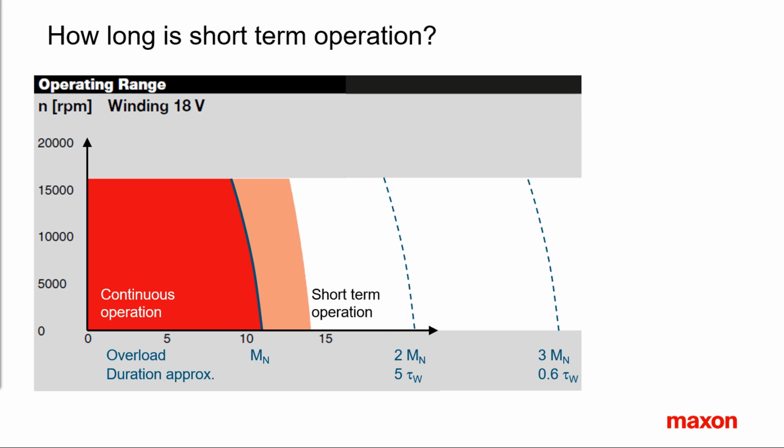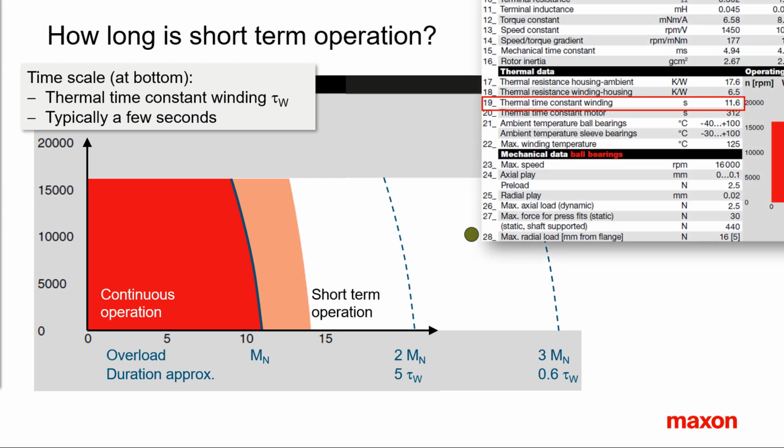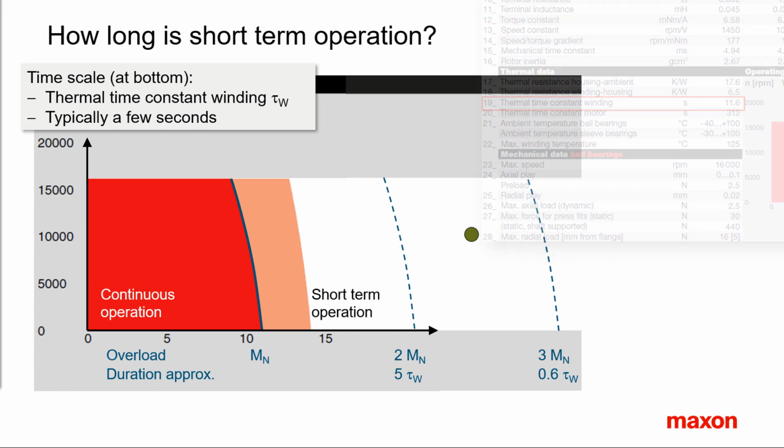Essentially, the limitation comes from the winding temperature, more precisely, how fast the winding heats up. The natural time scale is, therefore, the thermal time constant of the winding. It can be found in line 19 of the motor specification. Typically, the thermal time constant amounts to a few seconds for small motors, up to half a minute for larger motors. In our case, it's about 11 seconds.